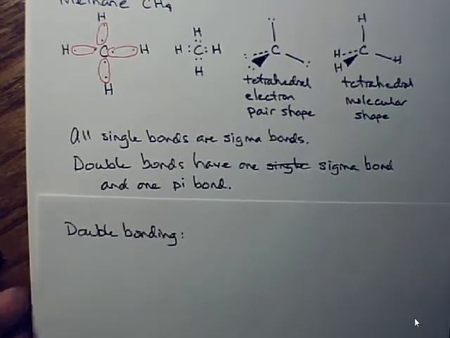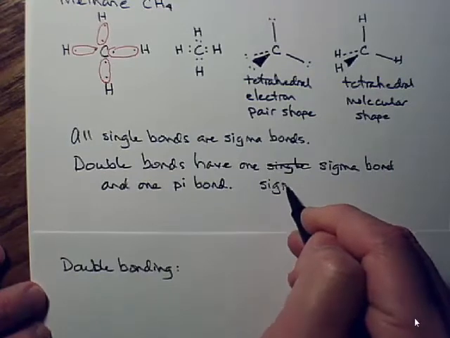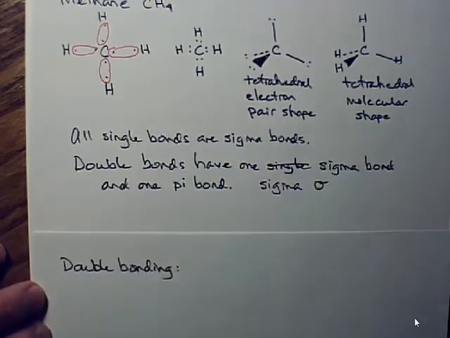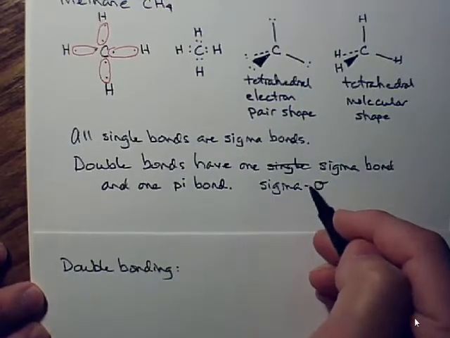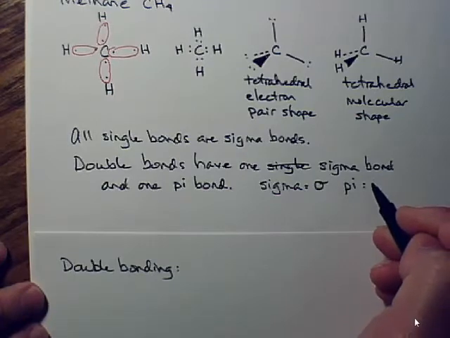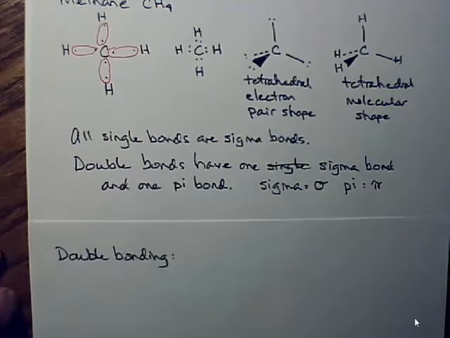Yes, it's the same symbol you use in math. Okay? Sigma is like an O with a swish. Okay? And pi, you know it from math. Right? Got that? All right.